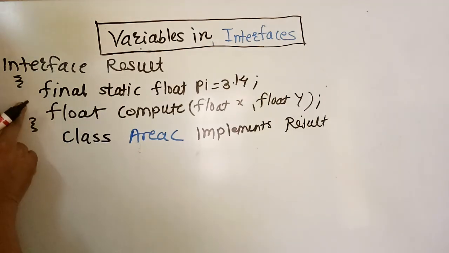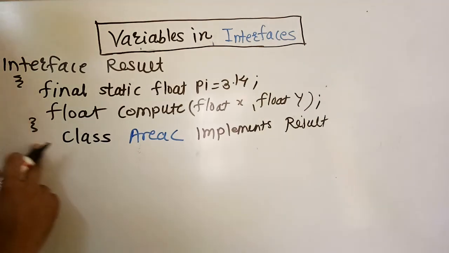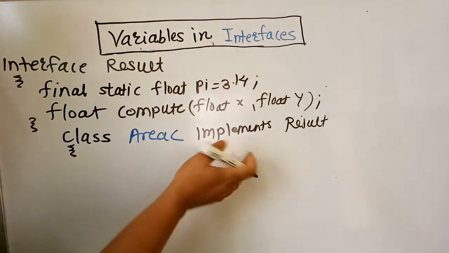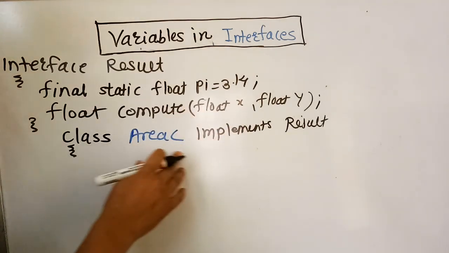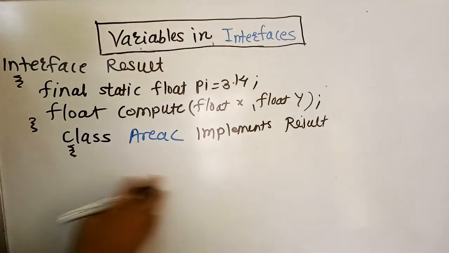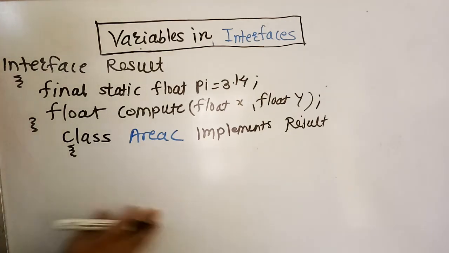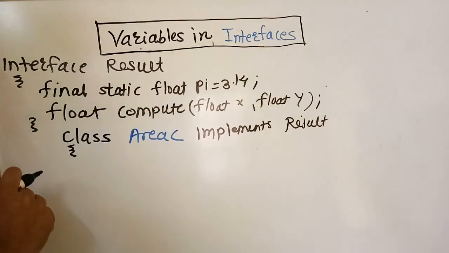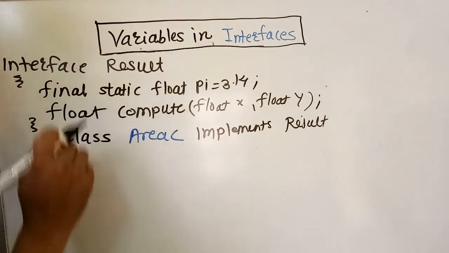Interface is acting as a prototype which provides the mechanisms to other classes, and the classes implementing these interfaces will take these methods and variables easily without redeclaring. So here I will also take the method compute.